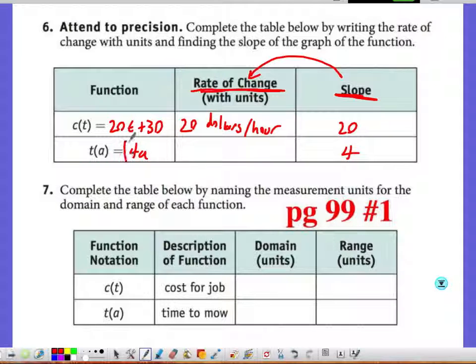So look at the text. What does the 4 represent? What are the units of the 4? 4 blank per blank. What is that? Okay. Complete the table below by naming the measurement units for the domain and range of each function. Okay.